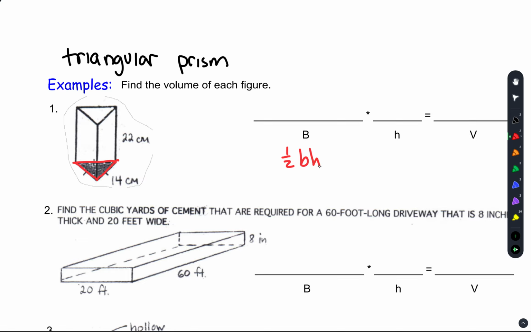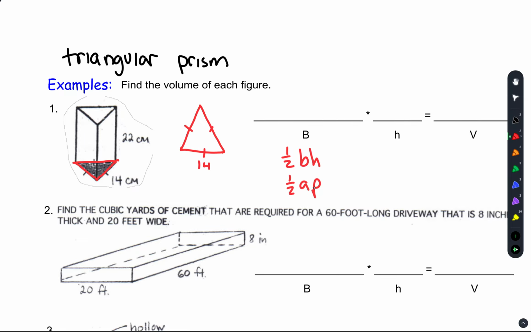And the second one only works for equilateral triangles. This is an equilateral triangle. All three sides are 14. That other formula is 1/2 apothem times perimeter. You could use either one here, but just know you can't use the 1/2 apothem times perimeter unless it's an equilateral triangle. So kind of up to you what you want to use in this case.